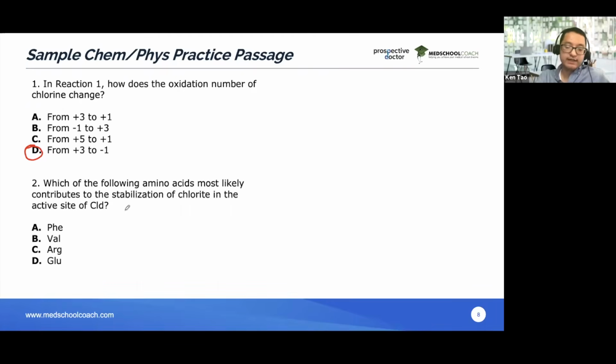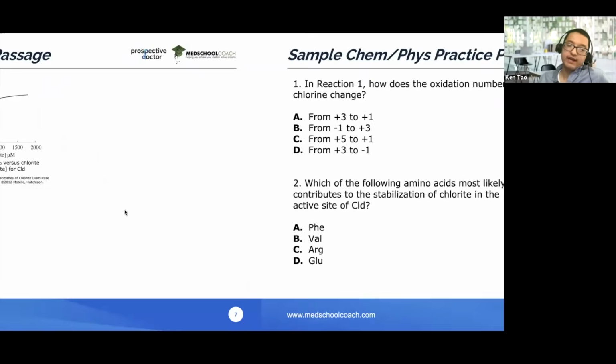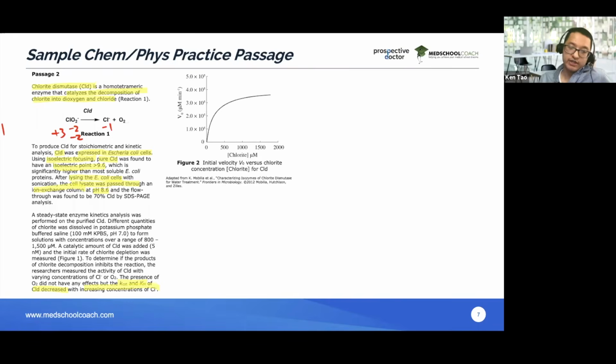Very good. So then let's go back to this passage. If we look at the passage, there was no mention anywhere at all of how the binding works. So in this case, we simply look at the structure of chloride. And looking at the structure of chloride, what type of amino acid do you think you would be looking for to bind it in the active site? +1. That's correct.